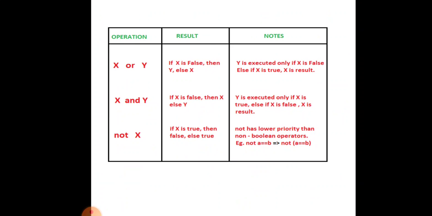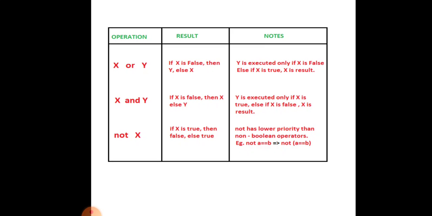Then we have logical operators. In Python we have three types of logical operators: or, and, not. Or means if x is false, then y; either we go for the y expression, meaning we check both conditions, either x or y.